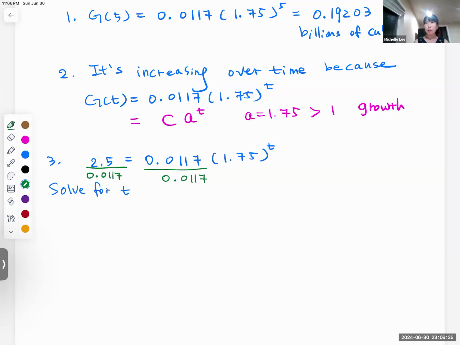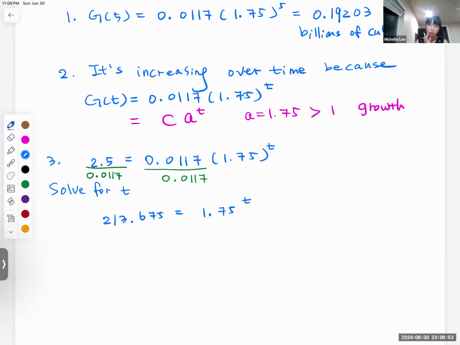Then on the left side we have 213.675 equal to 1.75 to the t power.